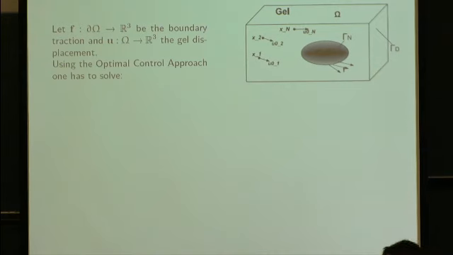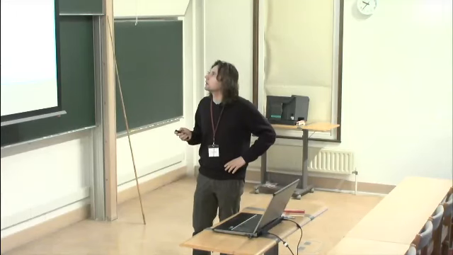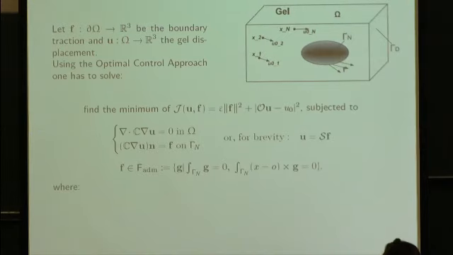So when one wants to solve an optimal control problem, what one usually does is to introduce a penalty function which combines the discrepancy between measured data, which I call u0, and calculated displacement, and then it regularizes such a function with a Tikhonov term, for example.